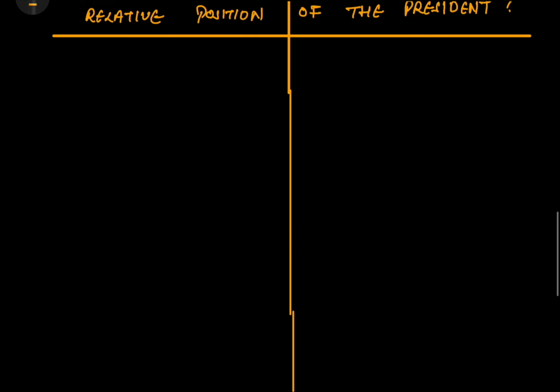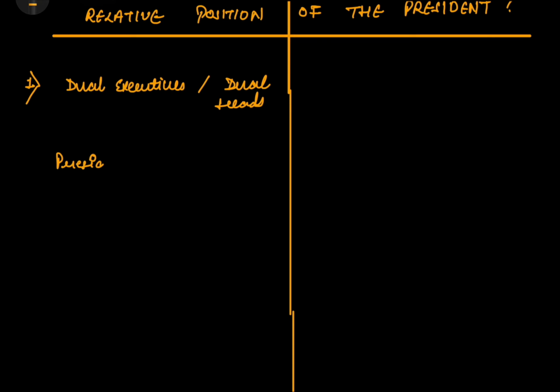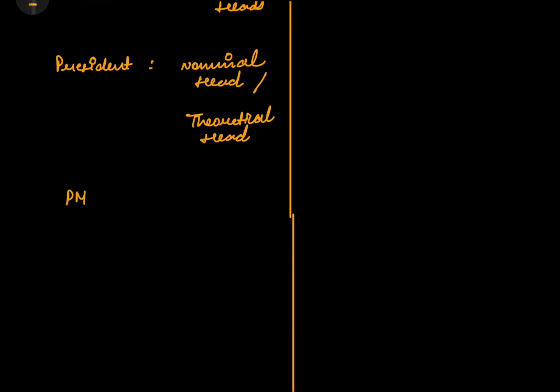In the parliamentary form of government you will find that there are dual executive heads, or there are two heads, where the president is a nominal head, or we can say he is a theoretical head. It means in theory he is the head, but who is the real head? The real head is the Prime Minister. He is the real head in the parliamentary form of government.